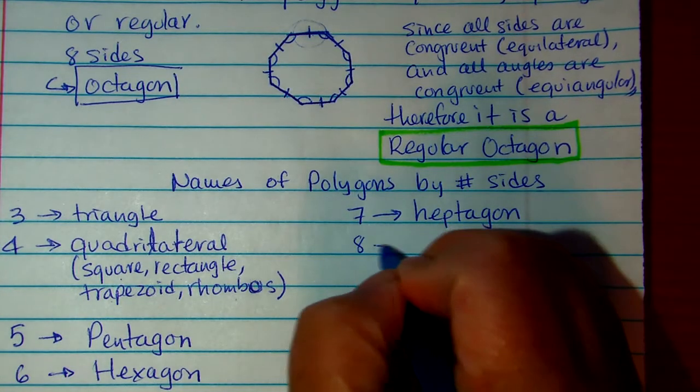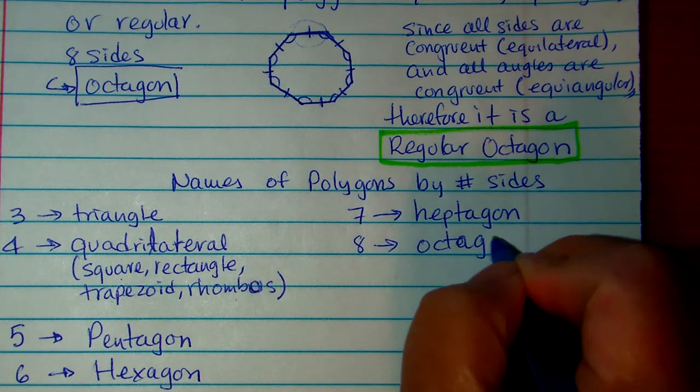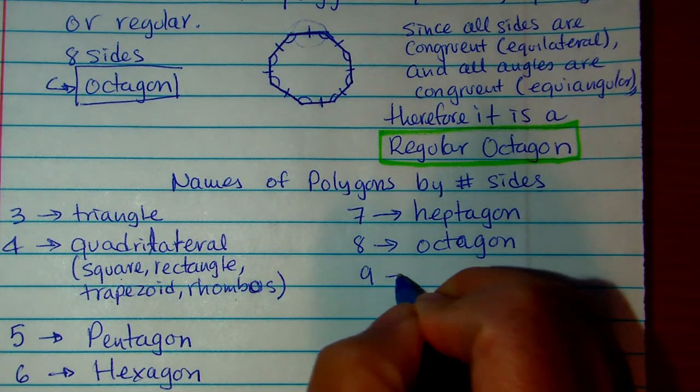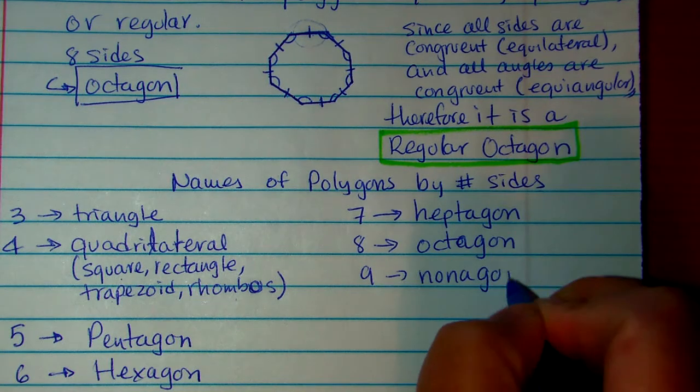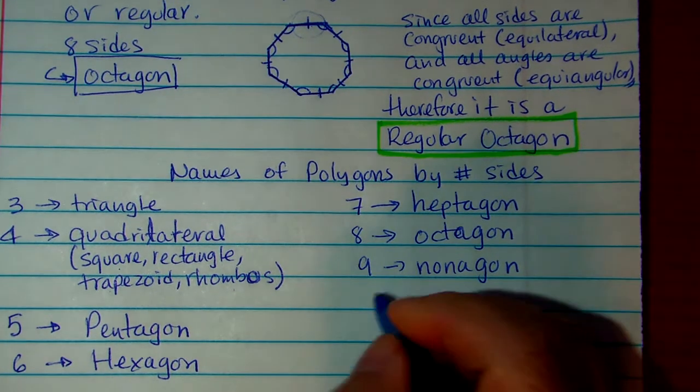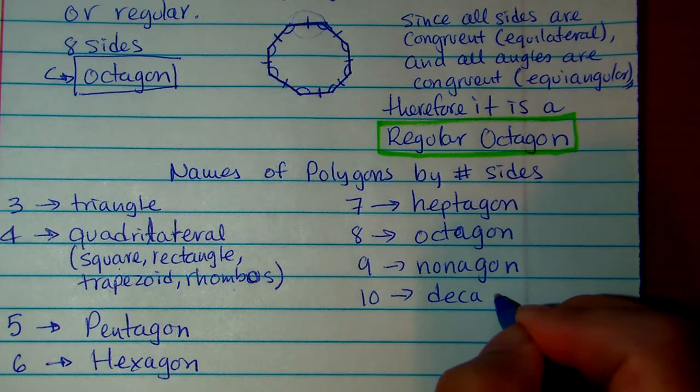If it has 8, it's called octagon. If it has 9, we call it nonagon. If it has 10, we call it decagon.